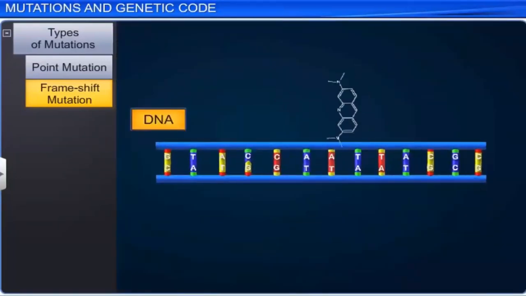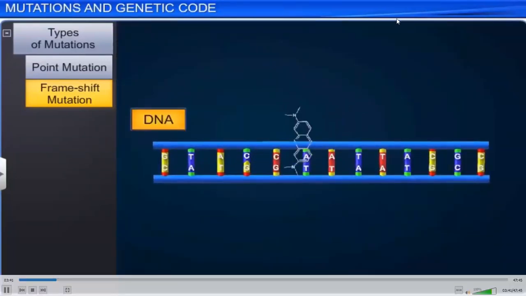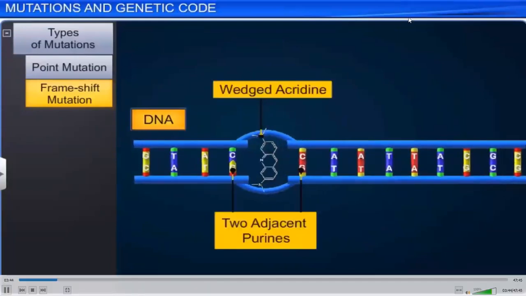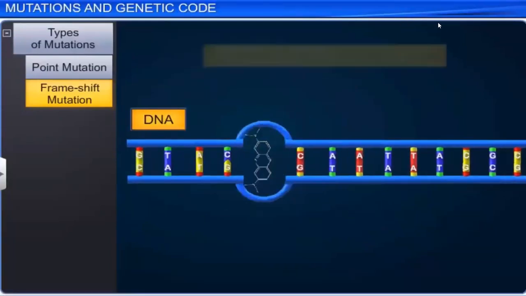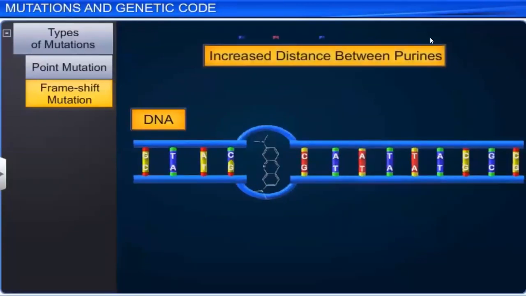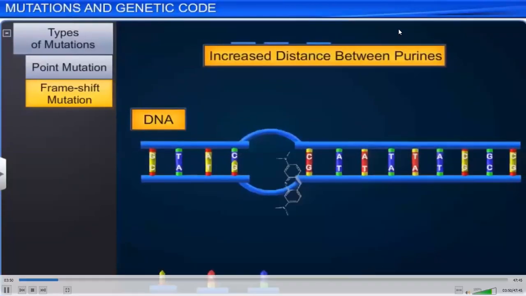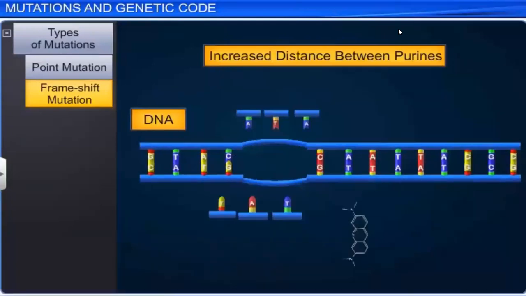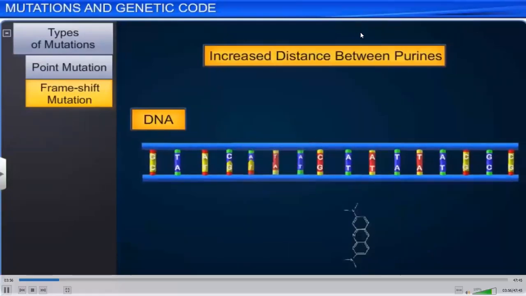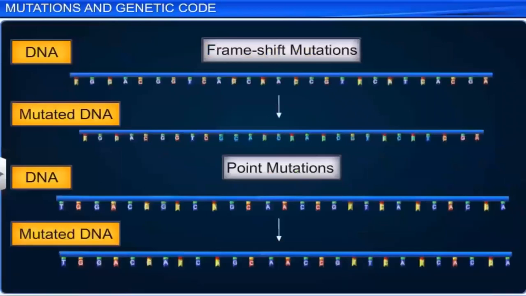These dyes get intercalated or wedged between two adjacent purines and thus increase the distance between them from 3.4 angstroms to 6.8 angstroms, leading to frame-shift mutation. Chemical, physical, and environmental factors thus lead to the addition, deletion or replacement of one or more base pairs of a codon, which in turn causes frame-shift mutations and point mutations.